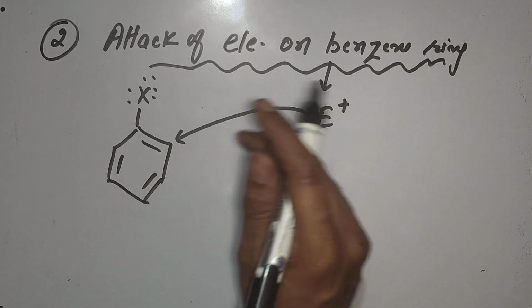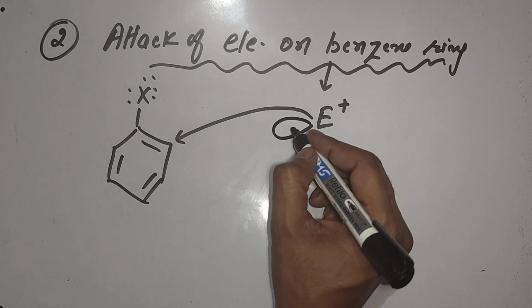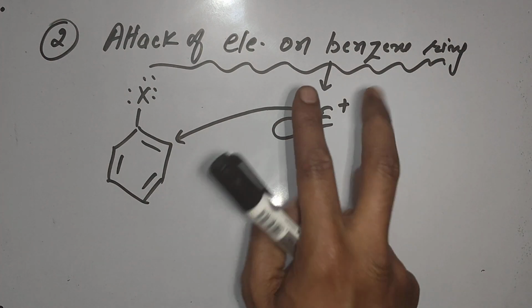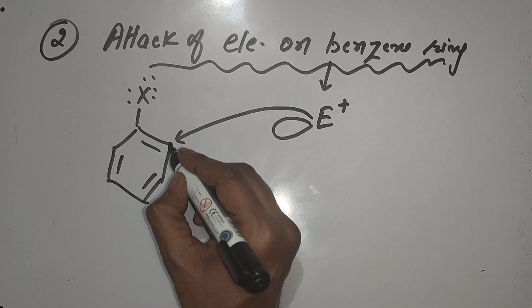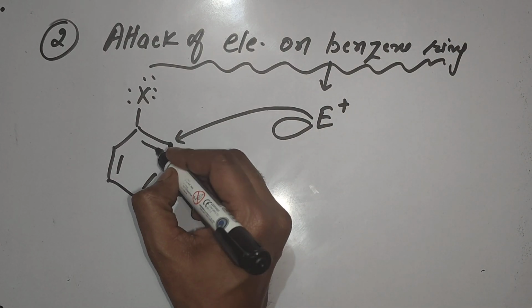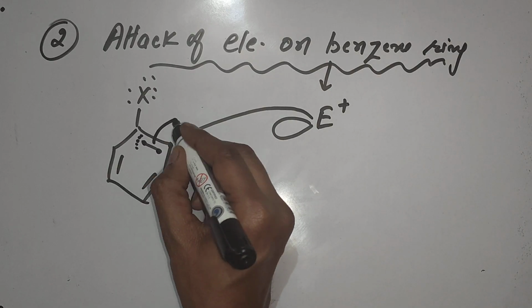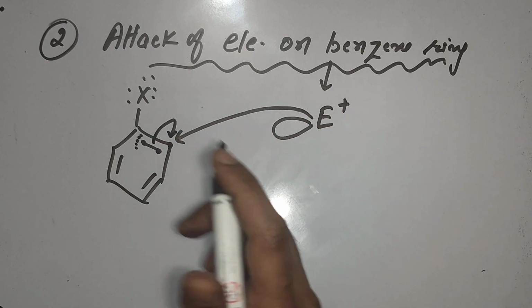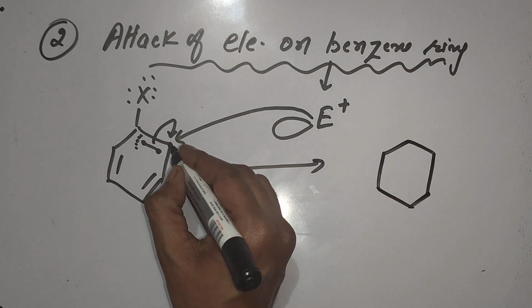Now check what will happen. We know the electrophile has a vacant orbital. It doesn't have electrons for bond formation, and for bond formation, 2 electrons are required. So who will provide electrons? This carbon. The responsibility will be of this carbon. What will this carbon do? It will bring both pi electrons toward itself and will use these 2 electrons to make a bond with E. One hydrogen is already there.